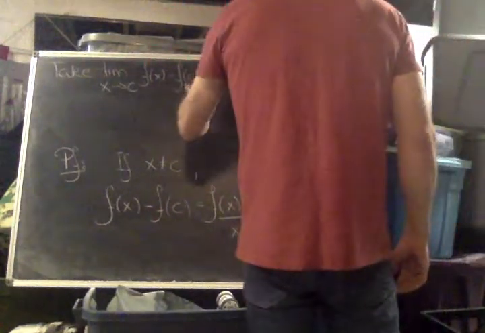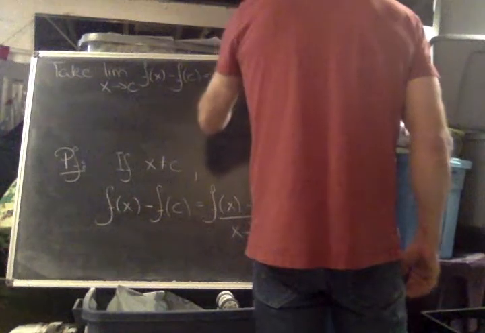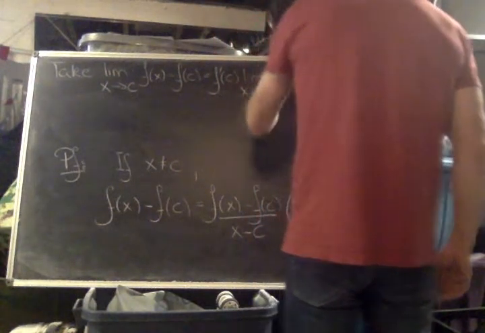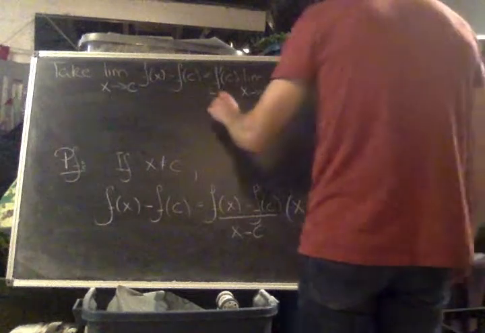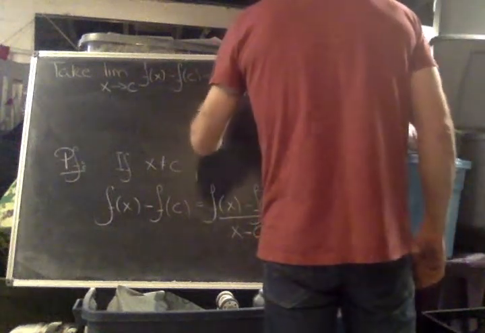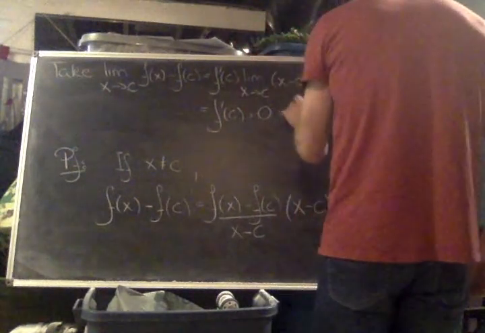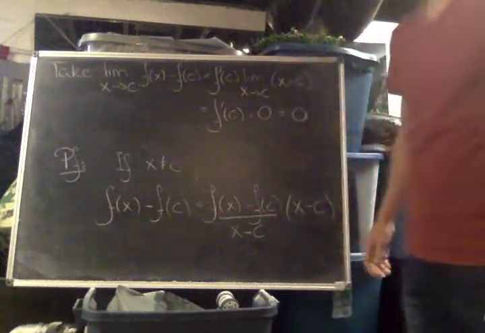Well, that will be equal to f prime at c times the limit as x approaches c of x minus c, which is f prime at c times 0, which is 0, right?